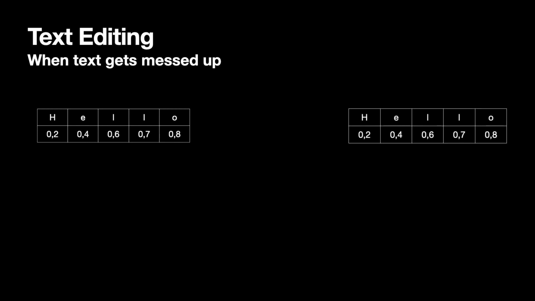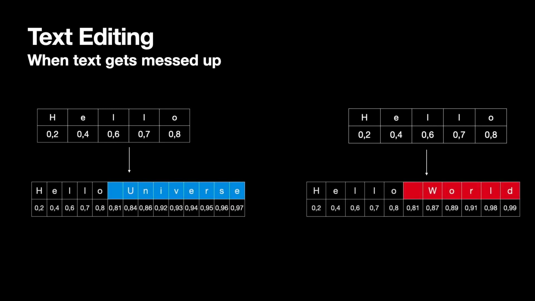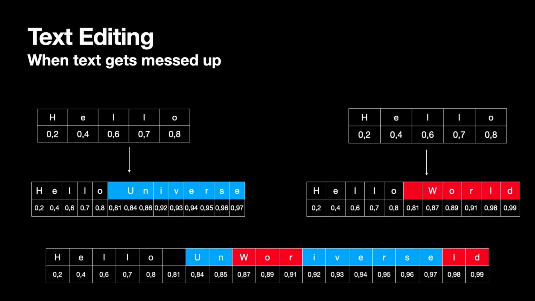Everything goes fine unless we add some more text. So on one device we added universe, and on the second device we added world, but they're different lengths, so we get different fraction values because we need to generate some values. And then we sync it and we try to reorder the letters, and this is what happened.